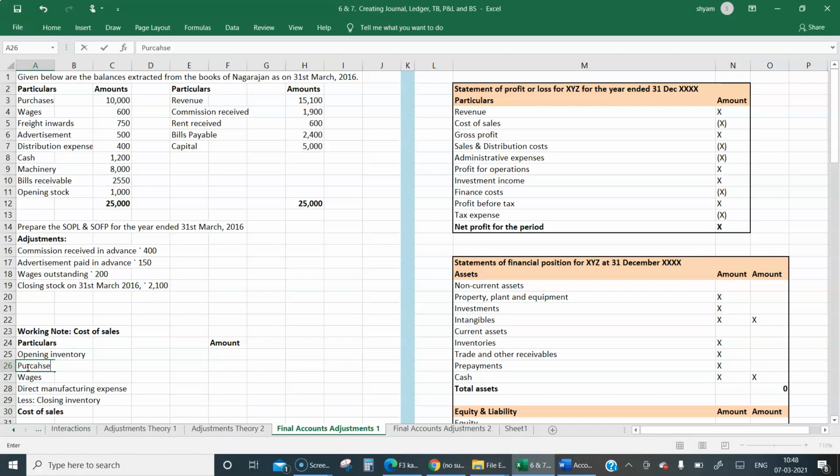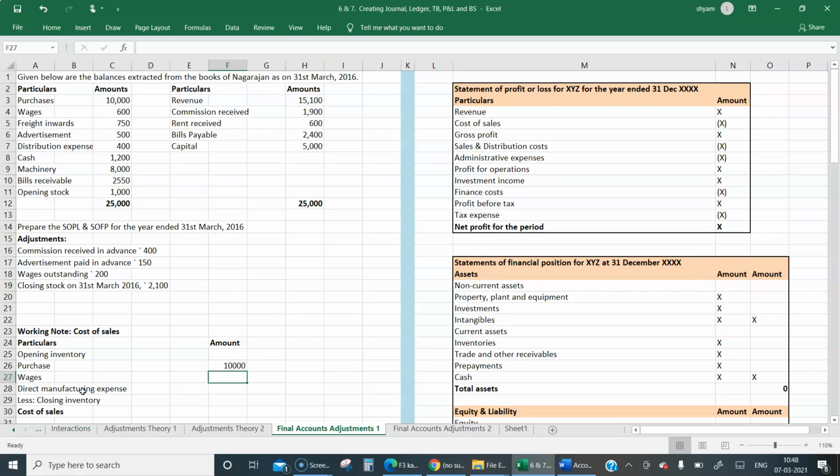So anything that occurs in the trial balance here will only come in one place, and anything that comes in the adjustment will come in two places. So purchase would be 10,000.